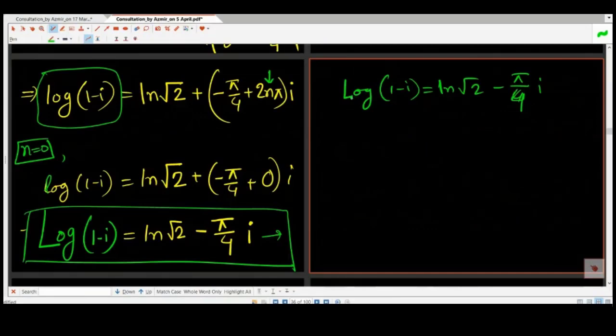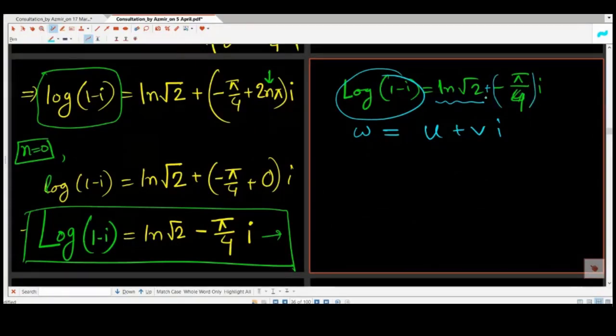So we have the principal value of log. We know that this is f of z, that is w equals f of z. So we know w equals u plus vi. So we can see that this is u and this is v. We can also find the numerical value of this if we want.